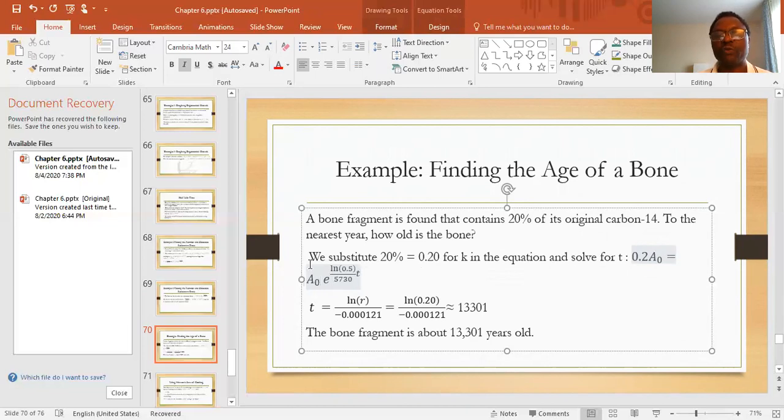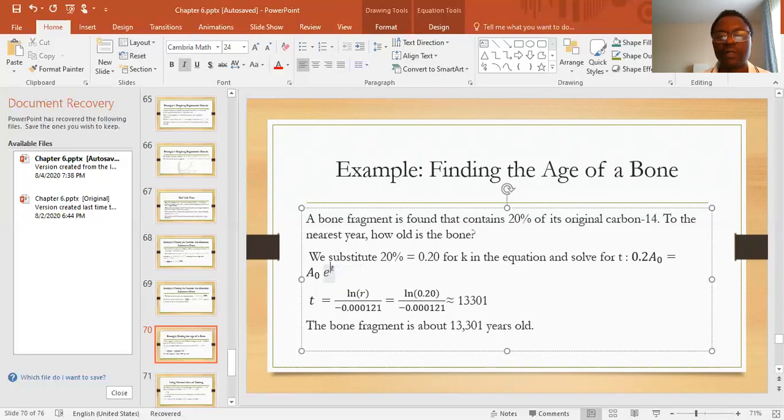Now we are going to replace K by negative 1.2097 times 10 raised to power minus 4.